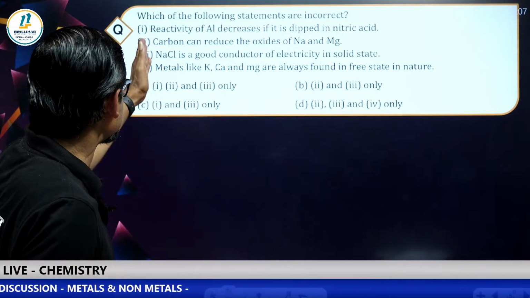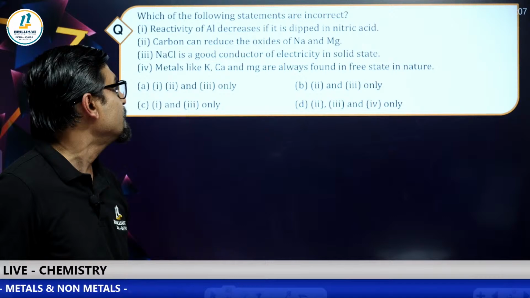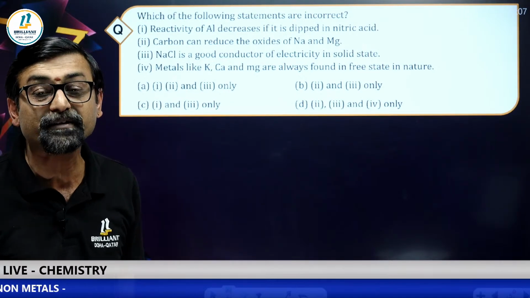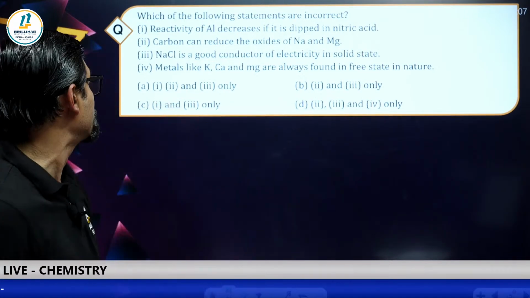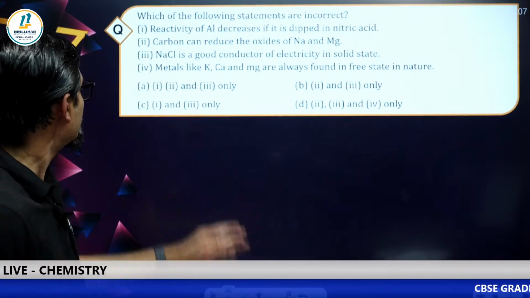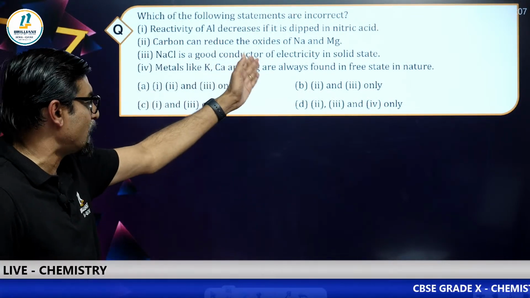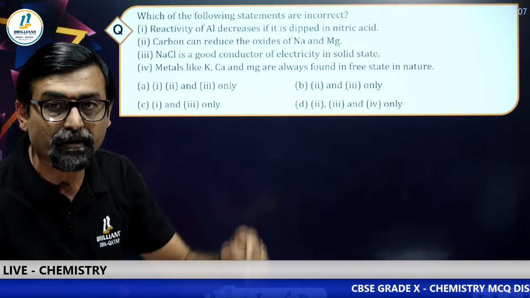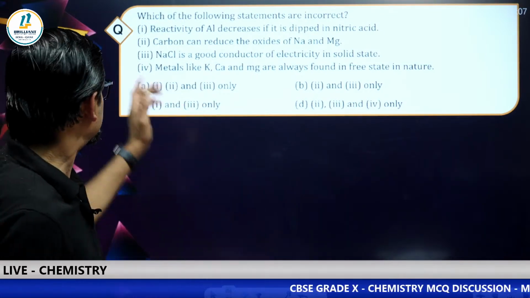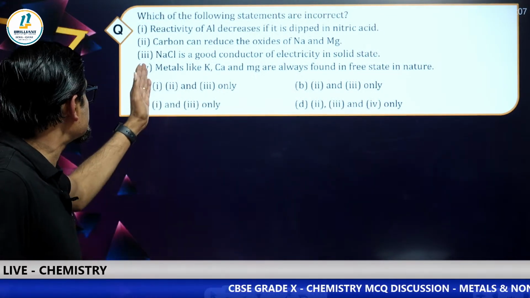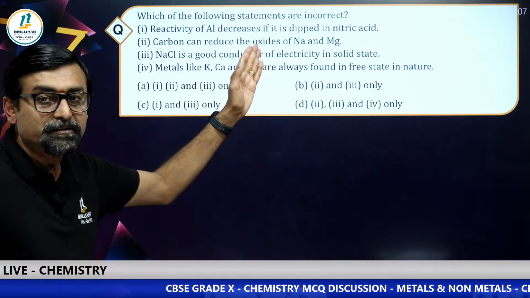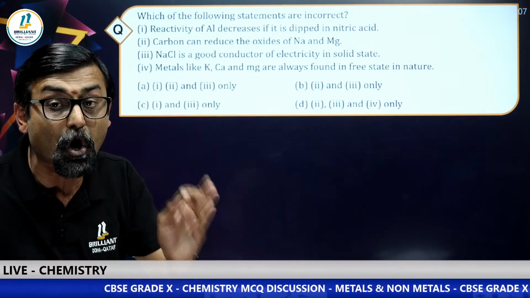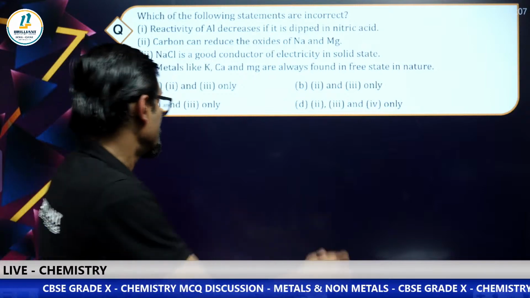Option 1: reactivity of aluminum decreases if it is dipped in nitric acid. Read the option carefully. Second one: carbon can reduce the oxides of sodium and magnesium. Third one: NaCl is a good conductor of electricity in solid state.